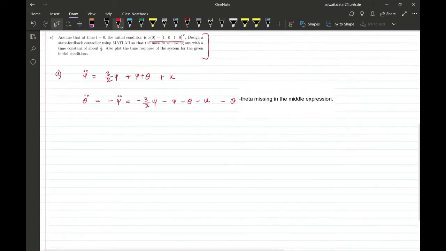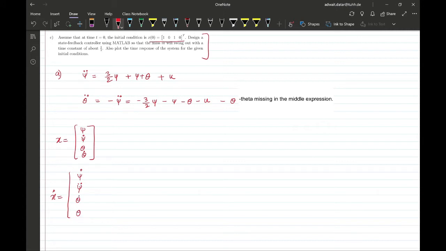So now we're given the state vector x as psi, psi dot, theta, theta dot. So x dot is psi dot, psi double dot, theta dot, and theta double dot. Now we can write these as follows. So psi dot is directly the state x2, so we'll write x2 here.